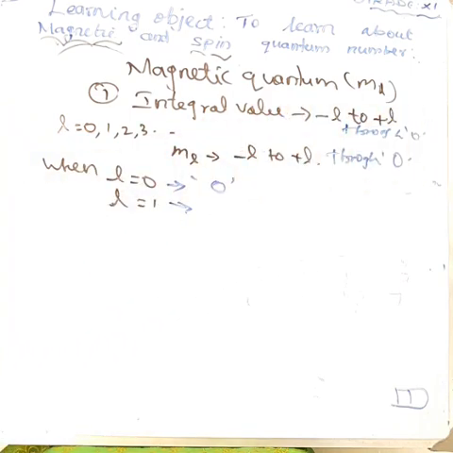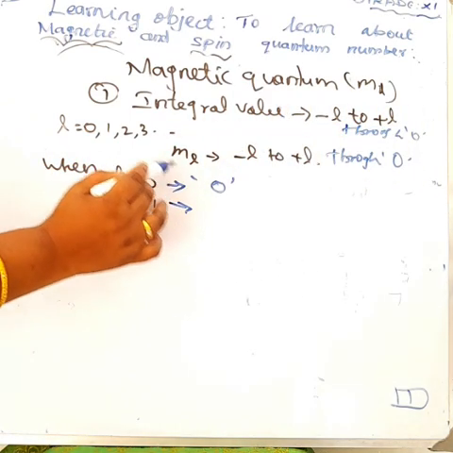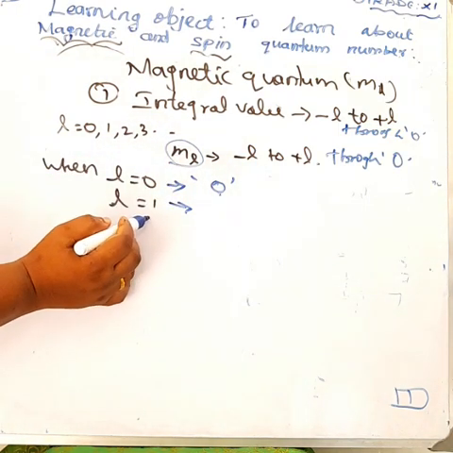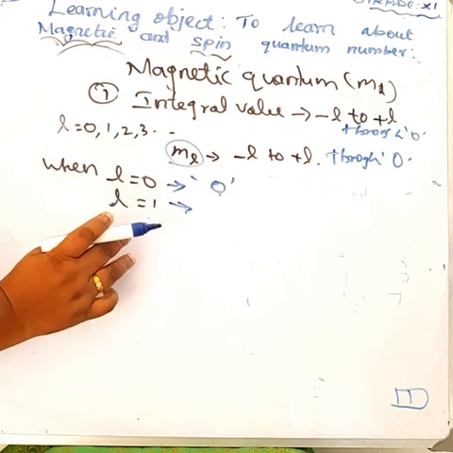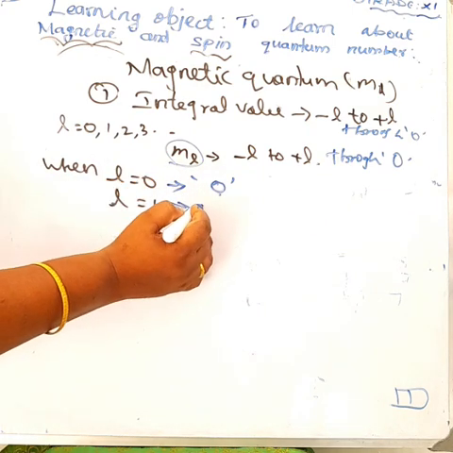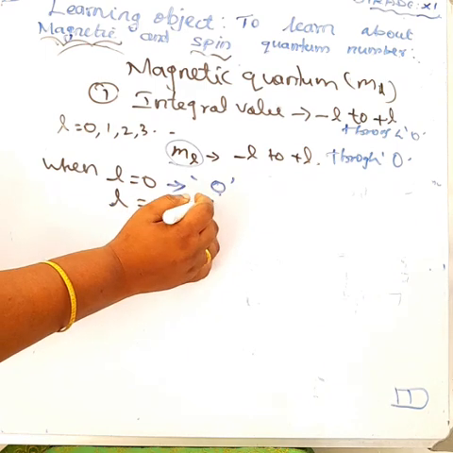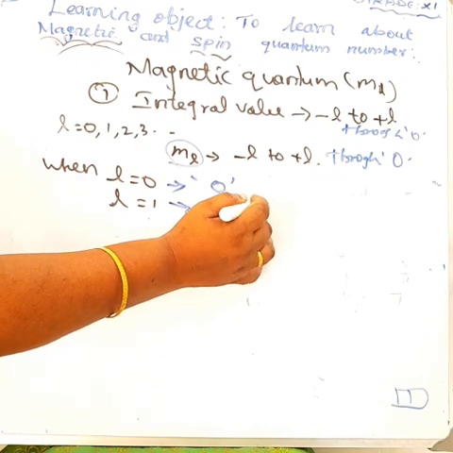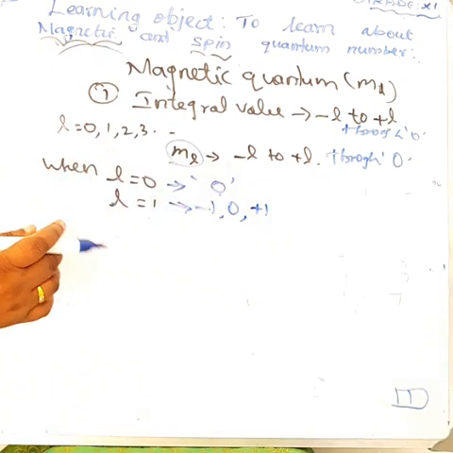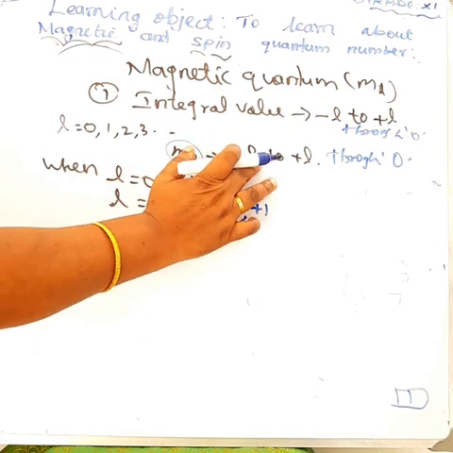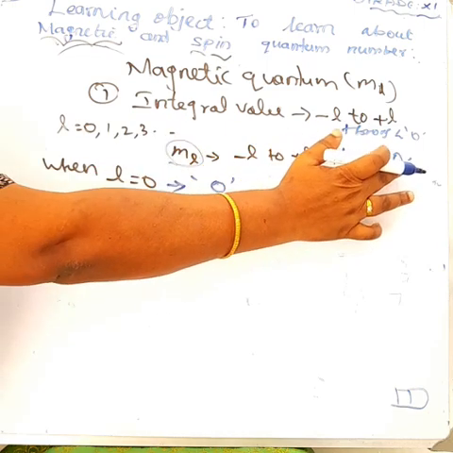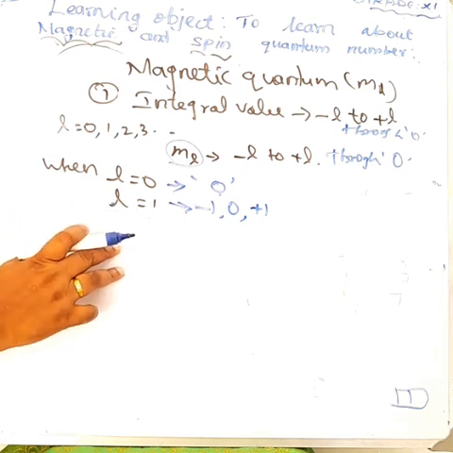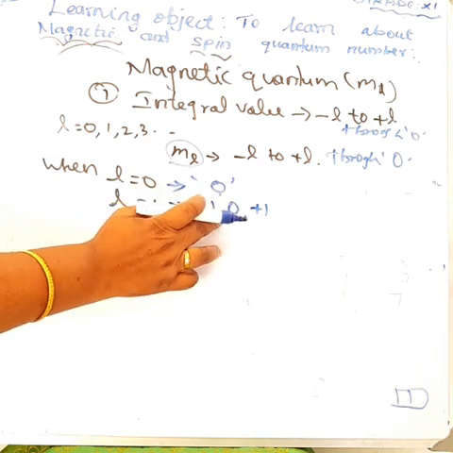So when L is equal to 0, the integral value of the magnetic quantum number is 0. When L is equal to 1, the values are minus 1, 0, plus 1. Understood? Because the integral values range from minus L to plus L through 0.